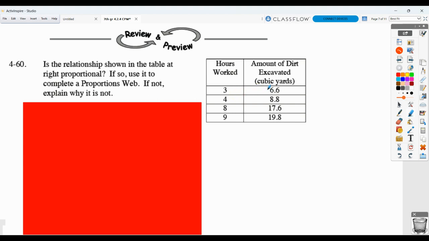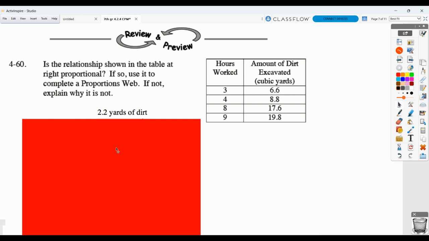You're multiplying by 2.2 each time. Another thing is, will it go through 0, 0? In other words, if they work 0 hours, will there be 0 cubic yards of dirt excavated? And that is also true. So we would say, yes, it's proportional, and then we need to complete the proportions web.